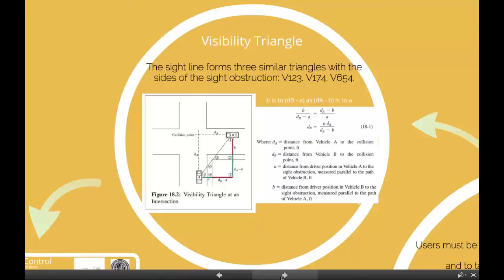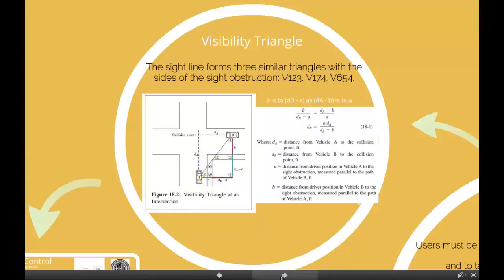Notice that the sight line forms 3 similar triangles. At the upper right, we find triangle 1, 2, 3. The full triangle is 1, 7, 4. At the lower left, we have 6, 5, 4.